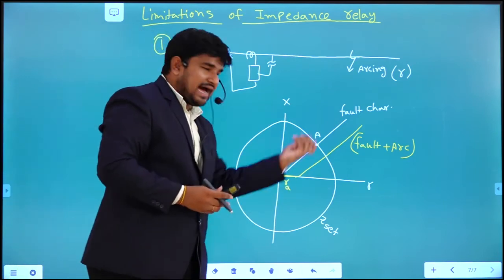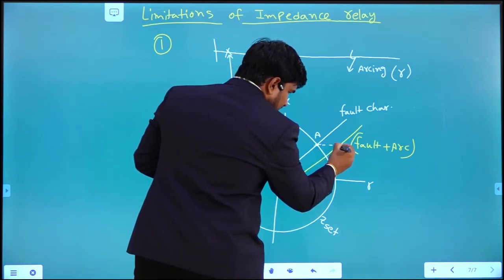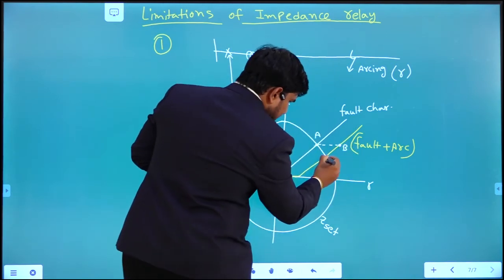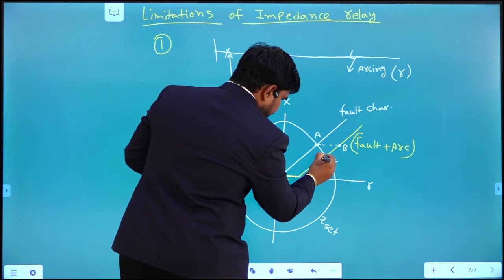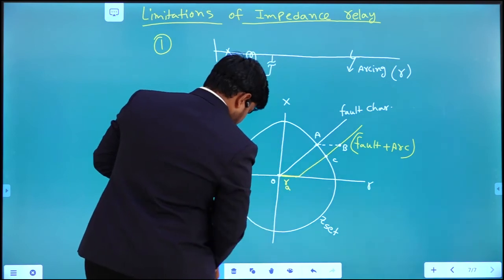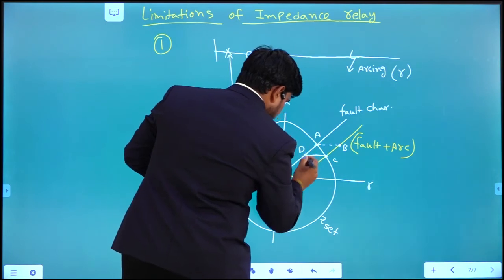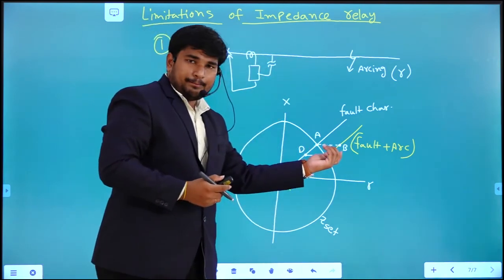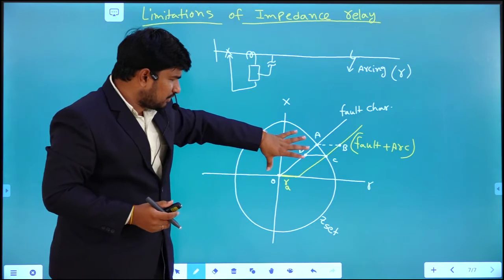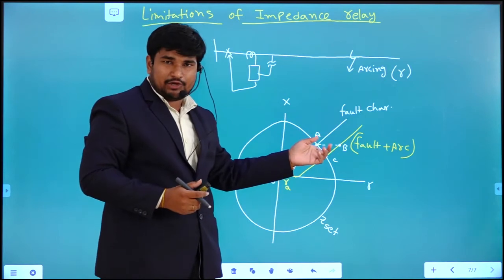Because of adding this arcing resistance, I am indicating like this, let it be point B and this is point C. Because of this arcing resistance, it will protect the transmission line only up to the 0 to A value.